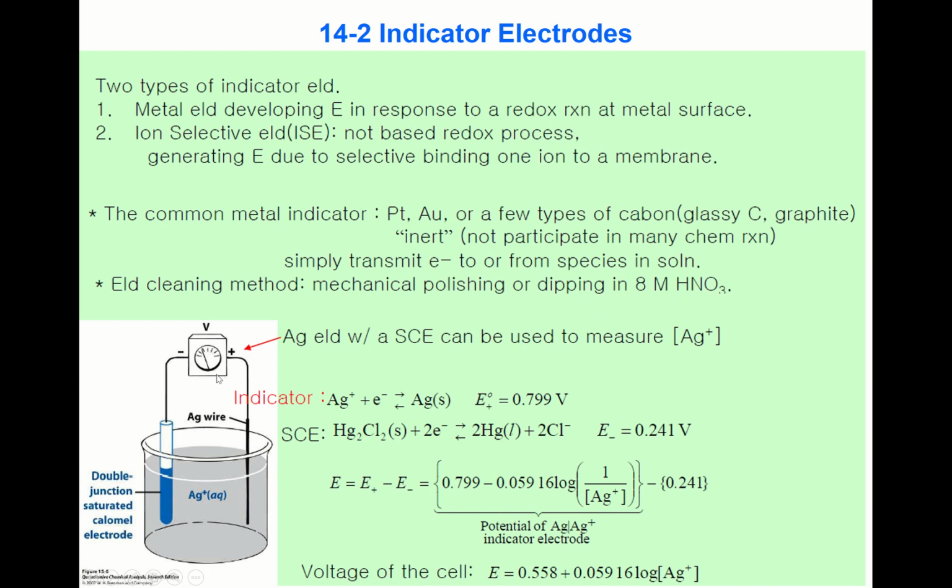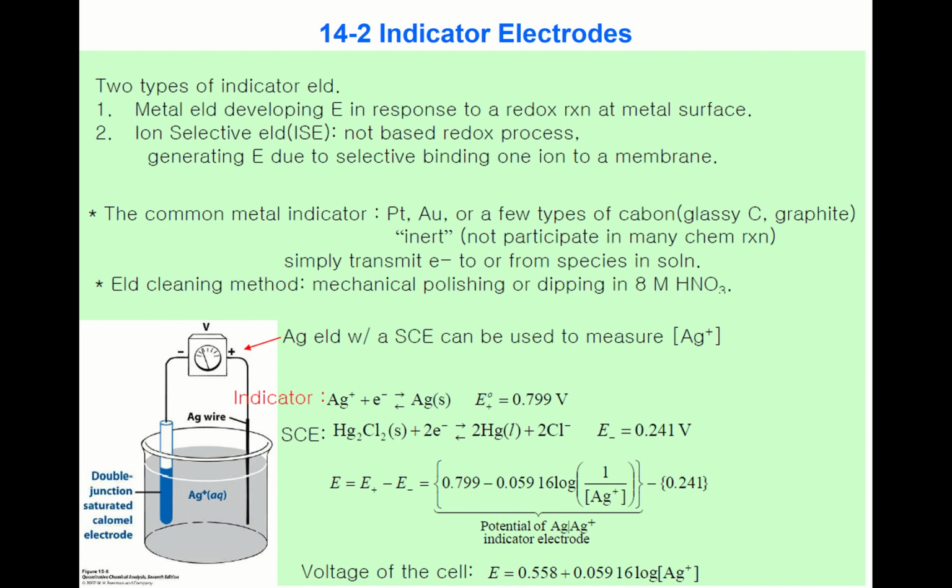Here, let's look at this setup. The left hand side is a saturated calomel electrode. It is a double junction saturated calomel electrode. Why? Here's a junction, and inside there is another junction. Anyway, this is a reference electrode, and in this case you use a silver wire as the indicator electrode.